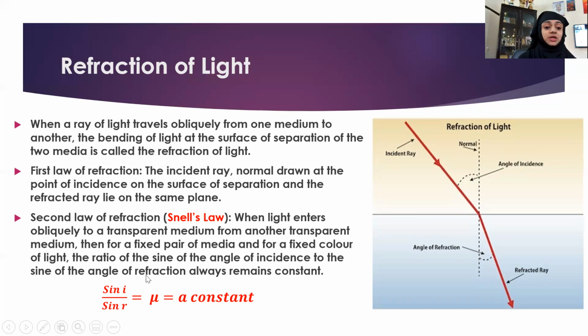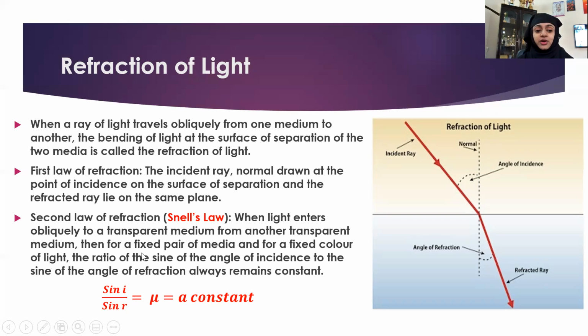So you must have learned this Snell's law as the ratio of the sine of angle of incidence to the sine of angle of refraction is equal to a constant which is called the refractive index of the medium.